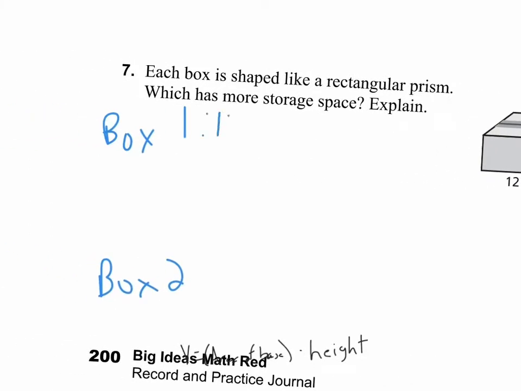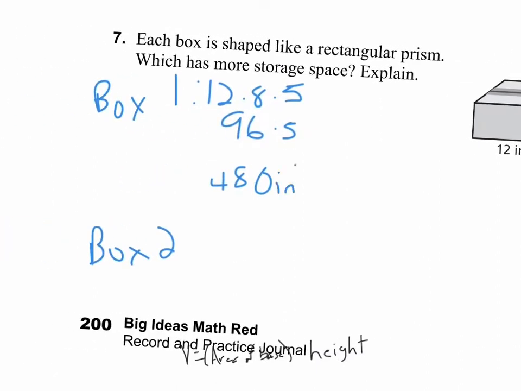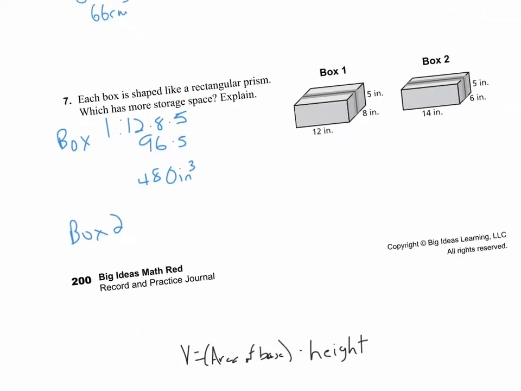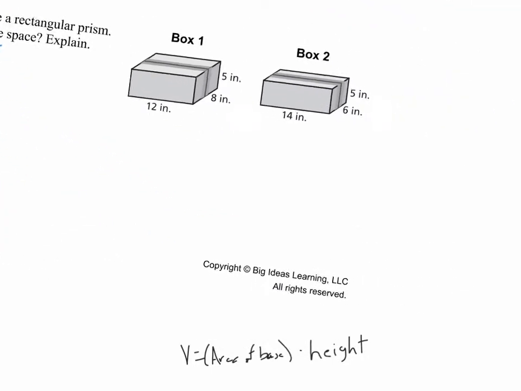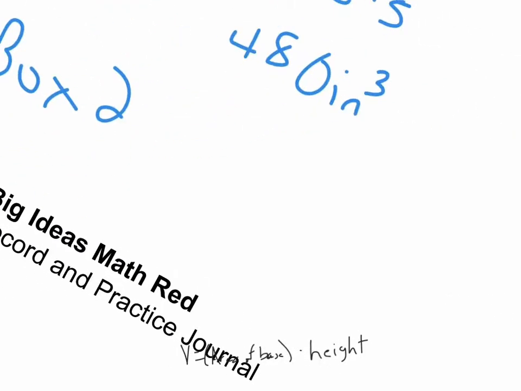So 12 times 8 is 96, times 5, which gives you 480, and then we make sure we're labeling it: inches cubed. Then box 2 is a rectangular prism also, so my bottom is 14 by 6. Length times width is my area of the base, and then times your height, which is 5. So 14 times 6 times 5.